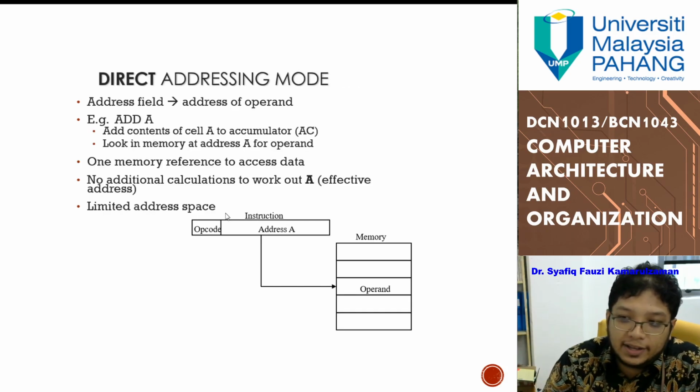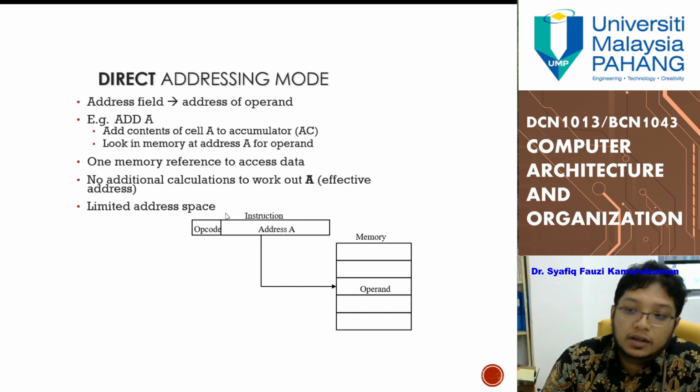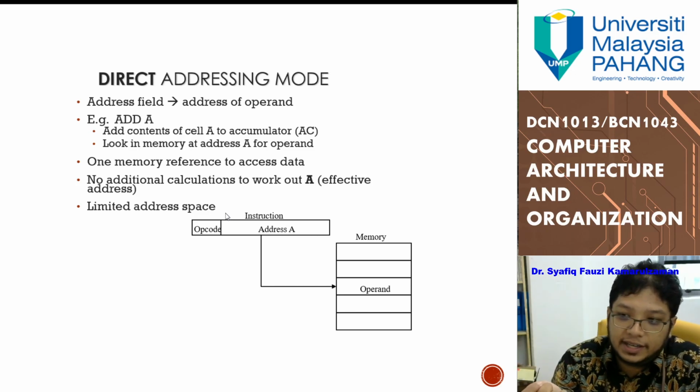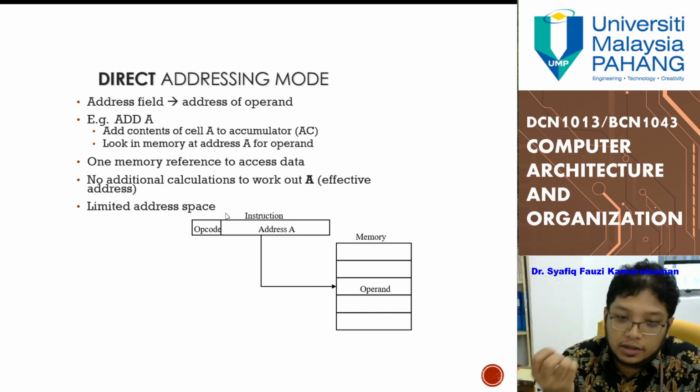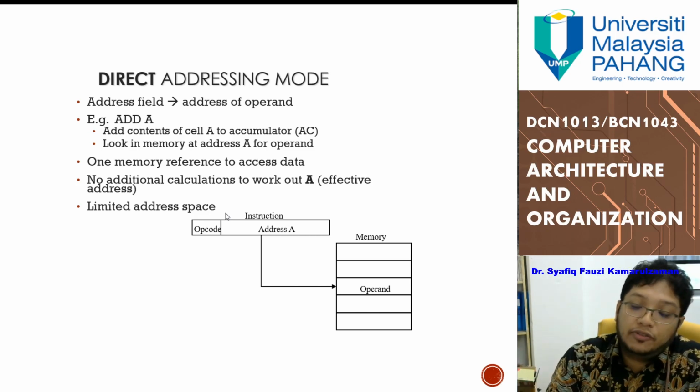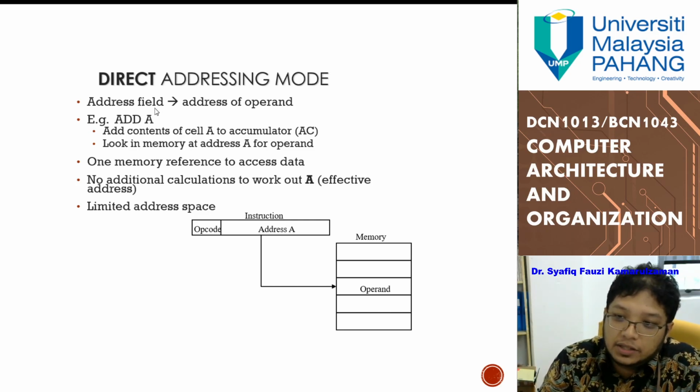Other than that is direct addressing mode. In direct addressing, an address of an operand is used inside the assembly language code, for example, ADD A. This means that it adds the content of cell A to the accumulator AC.